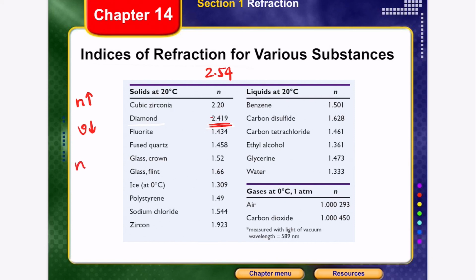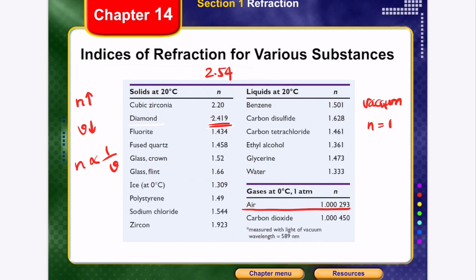So n here is inversely proportional to the velocity of light in the medium. That's the reason why in air it's not actually 1, but it's actually 1.000293. Only in vacuum it's 1. So in vacuum n is 1. Whenever you have some kind of interference, there is always a little change in the index of refraction of the light.